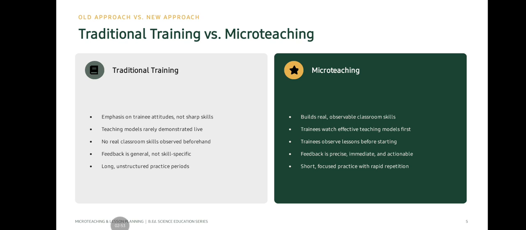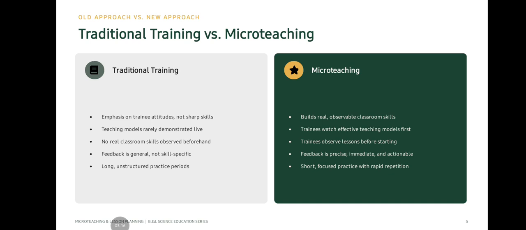Old approach versus new approach, that is traditional training versus micro teaching. In traditional training, emphasis on trainee attitudes, not sharp skills. Teaching models rarely demonstrated live. No real classroom skill observed beforehand. Feedback is general, not skill specific.